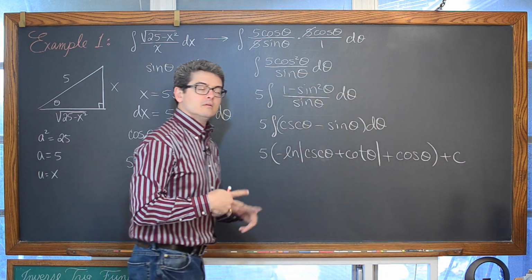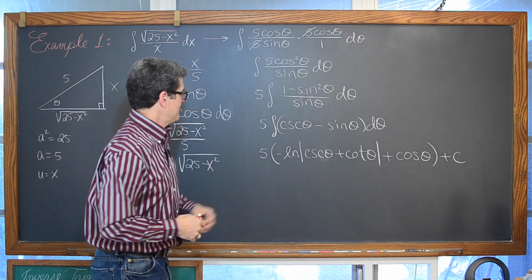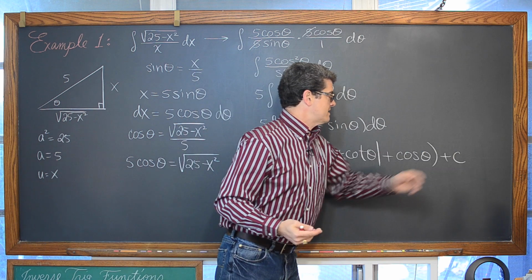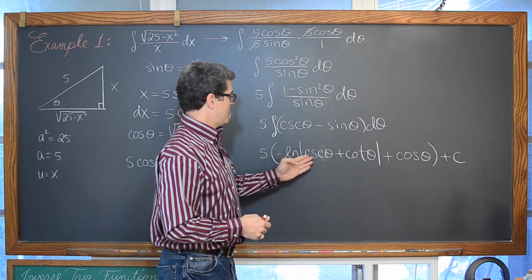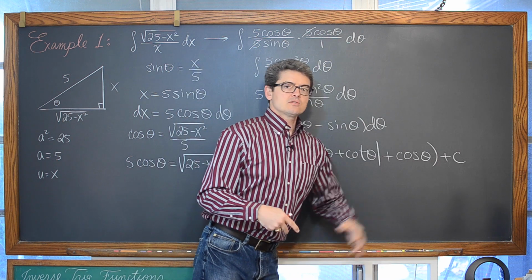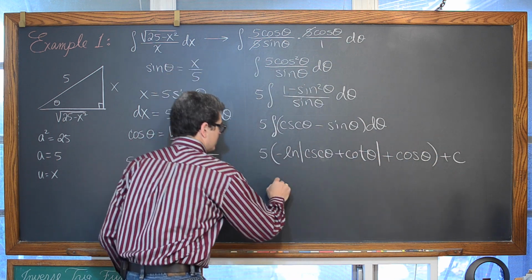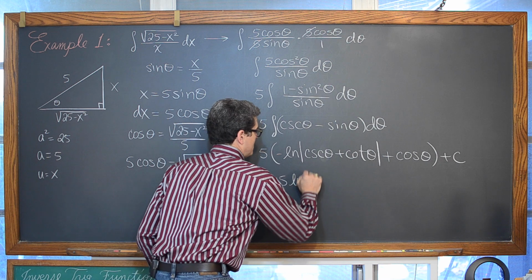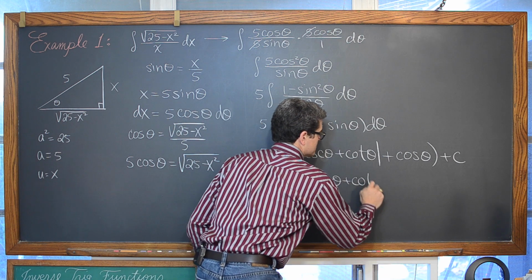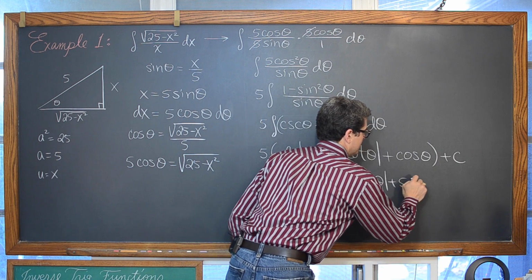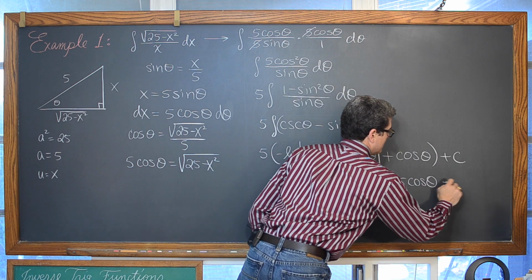Never forgetting your constant of integration. I could keep that c inside the parentheses as well, probably technically more accurate, but then we're going to take this 5 and distribute it through the parentheses and just get another unknown constant. So we have negative 5 times the natural log of the absolute value of the cosecant of theta plus the cotangent of theta, plus 5 cosine theta plus c.